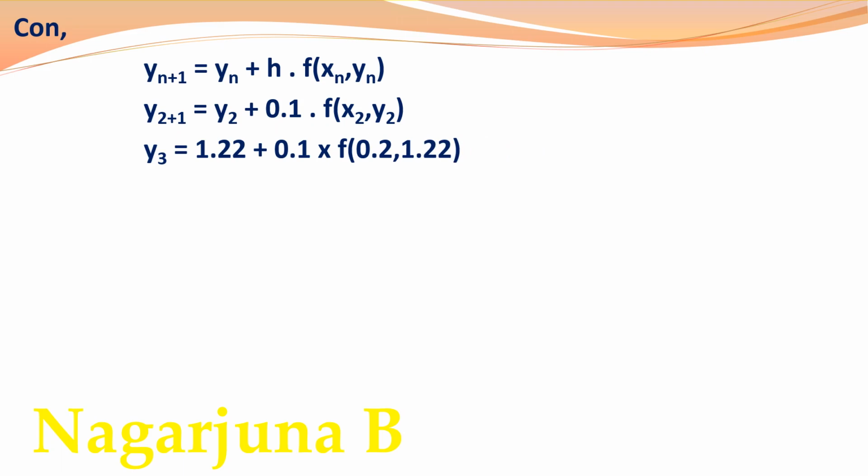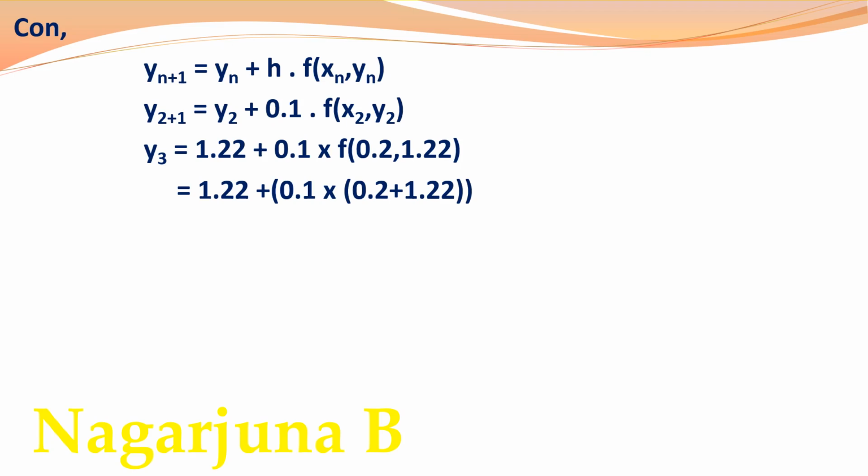f of x comma y is given by x plus y. Therefore, here f of 0.2 comma 1.22 can be written as 0.2 plus 1.22. Therefore, we can write y3 is equal to 1.22 plus open the bracket 0.1 into open the bracket 0.2 plus 1.22 close the bracket twice.